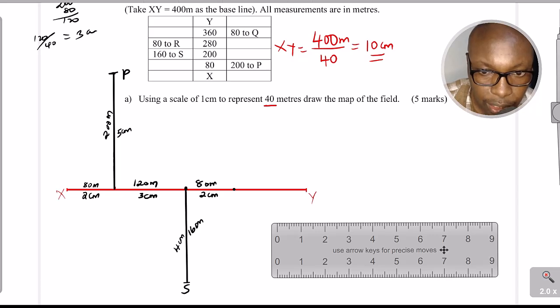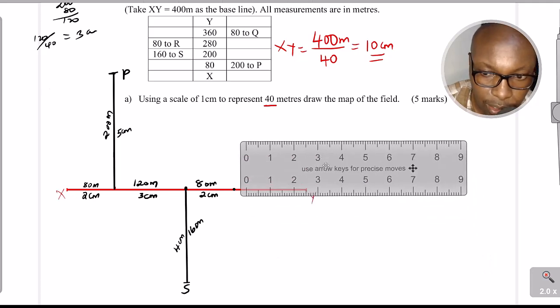Then from that point at 280, we have 80 meters to R. That is to the left, on the same side with S. So for this one, 80 meters will be 2 centimeters.